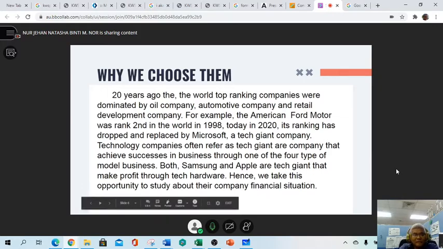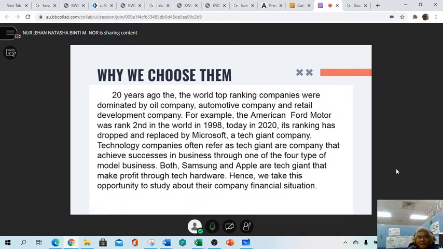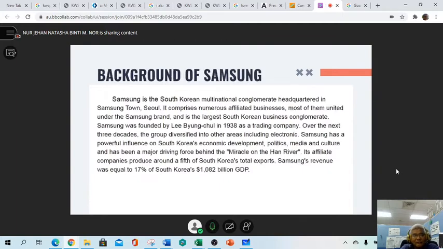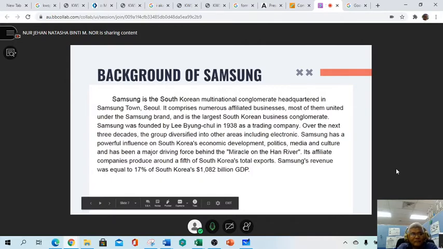So you can really see the effect of how tech giant companies are taking over our world. For example, previously we saw a lot of cars of brands like Ford and multiple oil companies. But now, in the recent trend, people are just caring about how Facebook is doing, how the Tesla stock market is doing, and whether there is earning money through buying the stock of Tesla or Samsung or Apple.